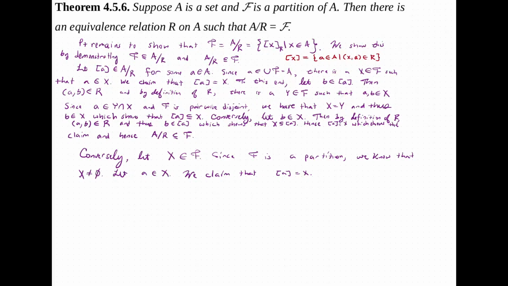We claim this, but we just did this proof. We did it right here. We claim that the equivalence class of A is equal to X, and if we go through the same exact argument, we will get the proof.